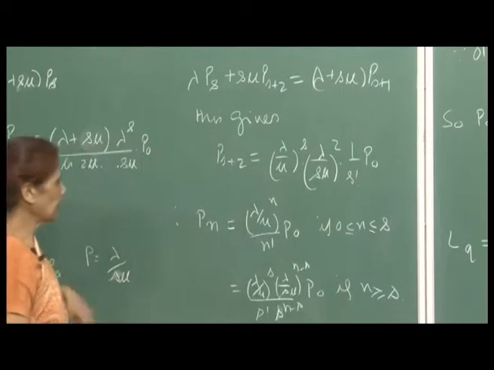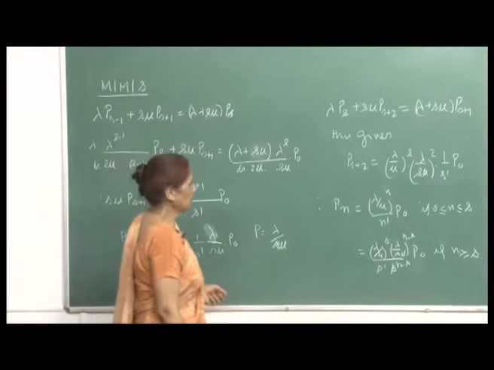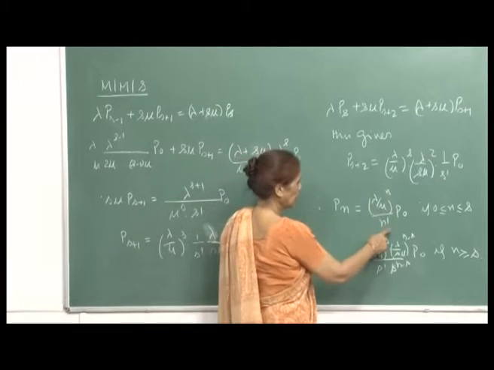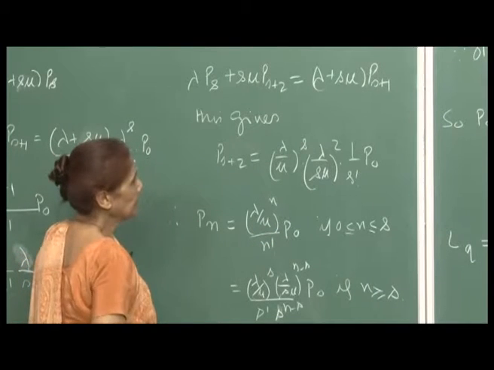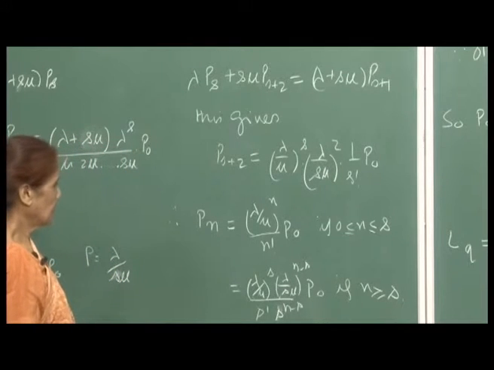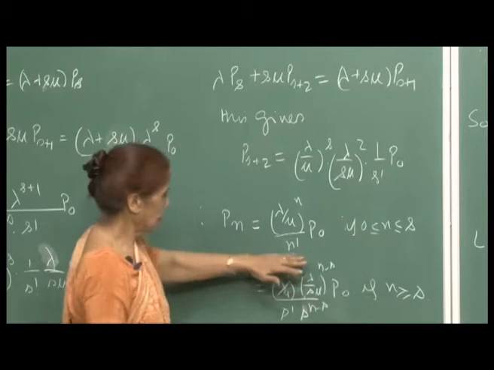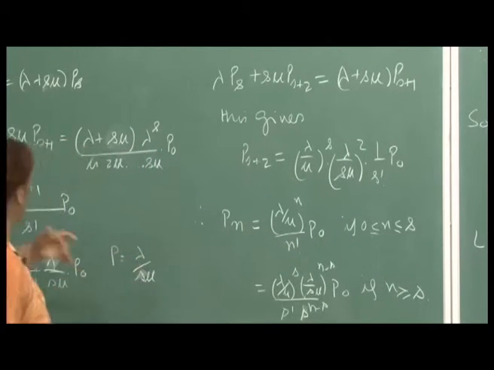Now you can write the general formula: Pn is (lambda by mu)^n upon n factorial P naught, for n between 0 and s.